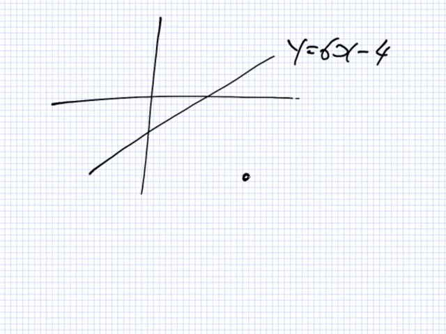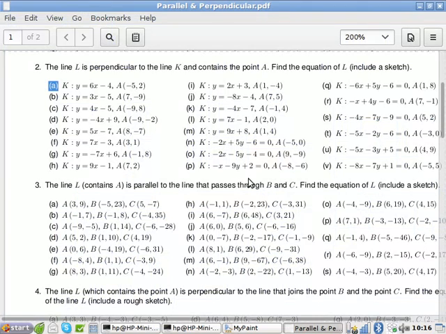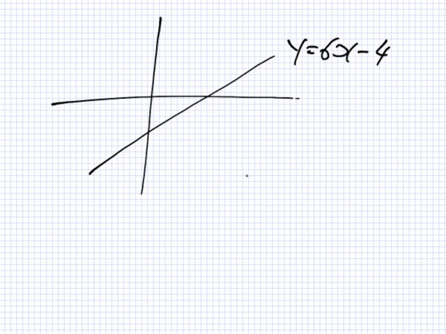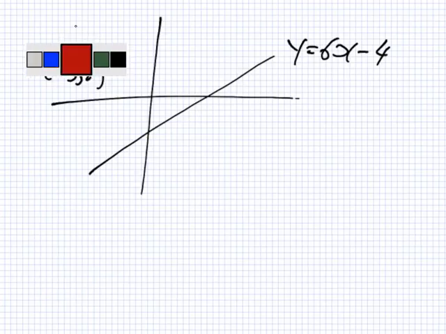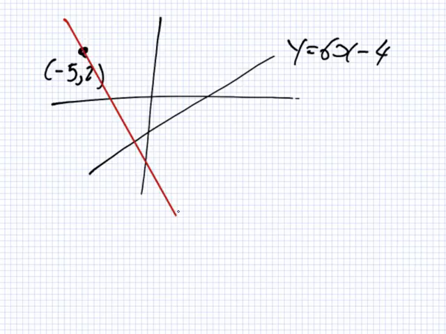And here is my point, minus 5 and 2. And I want the line that's perpendicular. So I want this line.